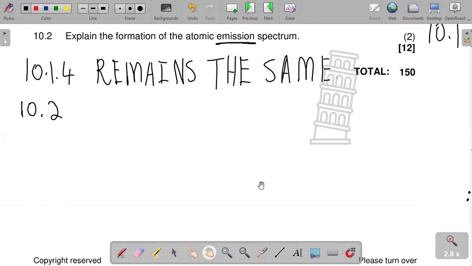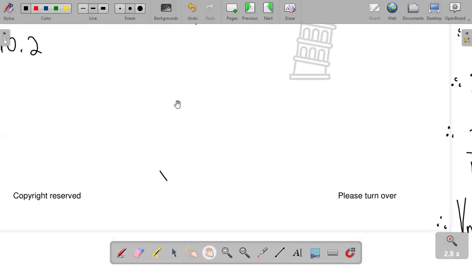Emission spectrum. How do you explain this? So I'm trying to find a proper way to explain it.